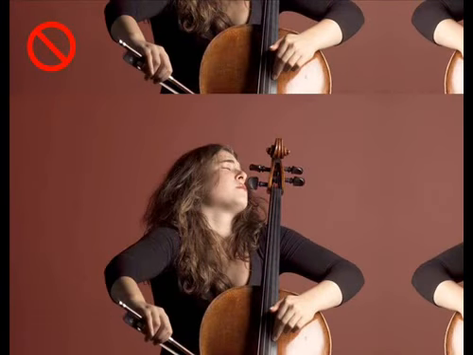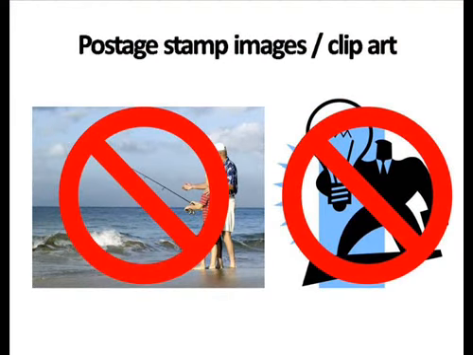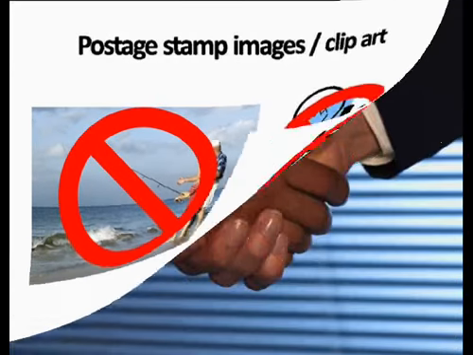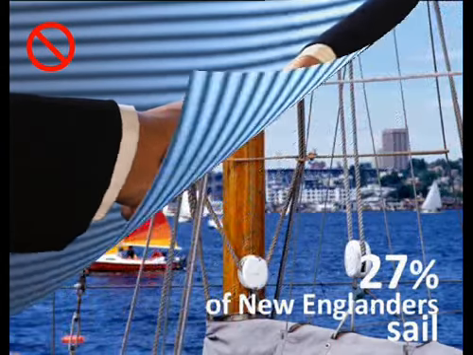You'll never know what you'll create. Stop using postage-size images and clip art. Audiences are being turned off to slides that contain these. How many times have you seen this cliché, overused picture? Stay away from cliché item images.